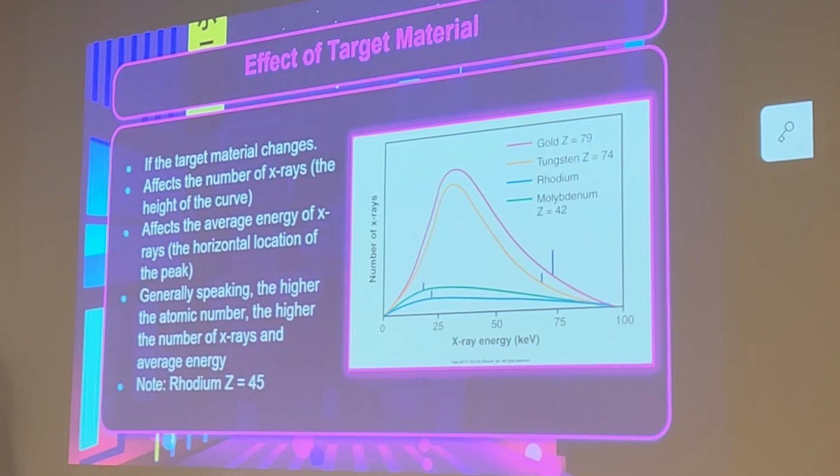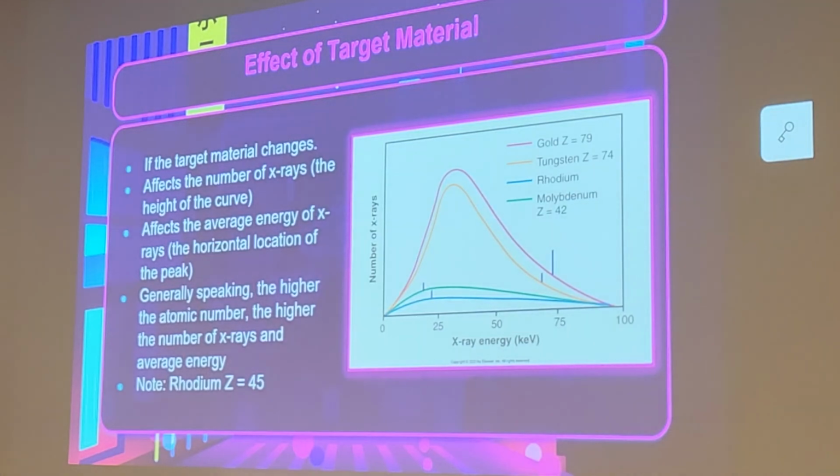So if you look at the second to last bullet, generally speaking, the higher the atomic number, the higher the energy for the X-rays, and the more X-rays they're able to produce. Because gold and tungsten have a high atomic number, 79 and 74, they are going to be able to produce high energy X-rays, and a lot of them.